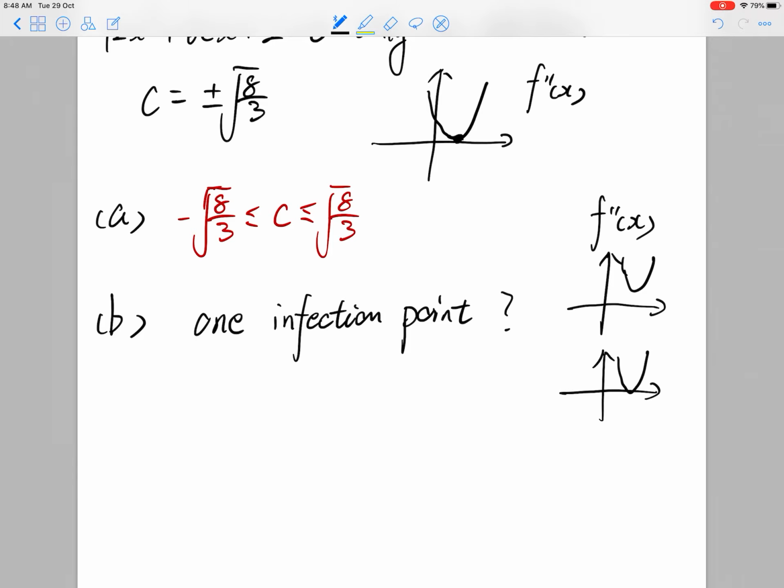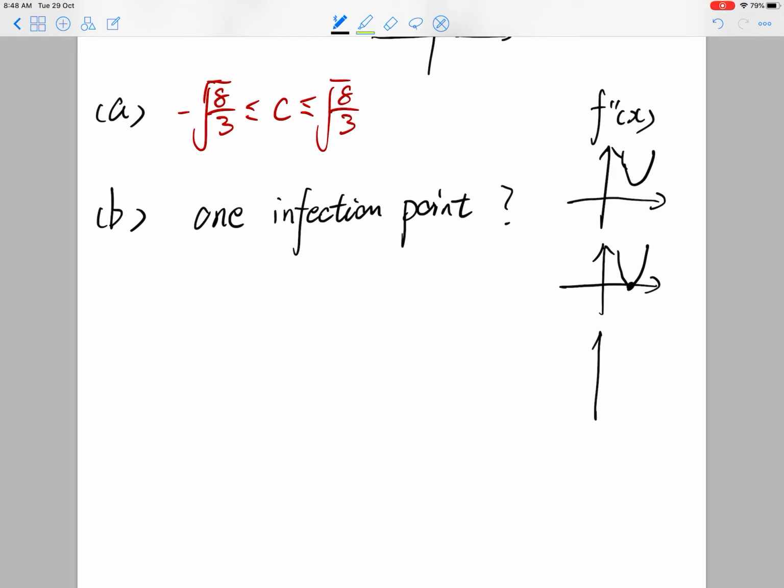This case, only unique solution, we proved there's no inflection point. And otherwise, you have 2 solutions, then the second order derivative changes twice. You can see from here to here, the sign changed from positive to negative. From here to here, the sign changed from negative to positive. So the second order derivative sign changes twice. So one inflection point is impossible.